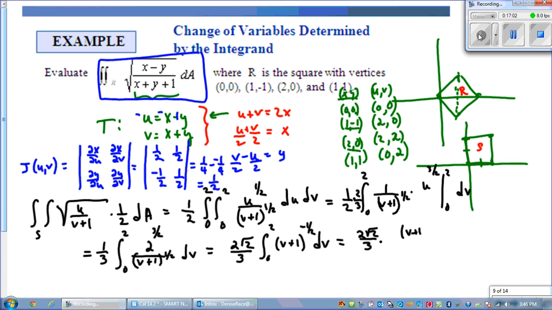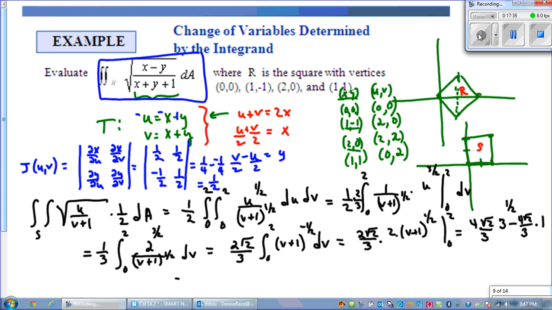So v plus 1 to the 1/2 divided by 1/2, so that'd be times a 2. And then evaluate from 0 to 2. So we've got 4 times the square root of 2 over 3. Put the 2 in, so I'm going to have 3 to the 1/2. And then minus 4 times the square root of 2 over 3 times just 1.